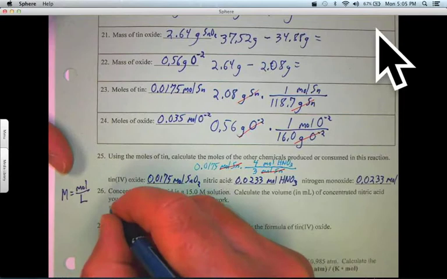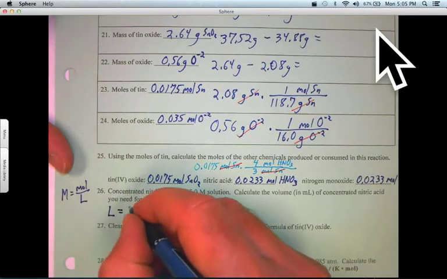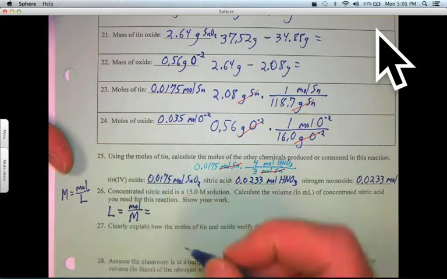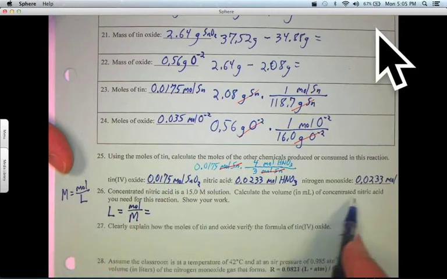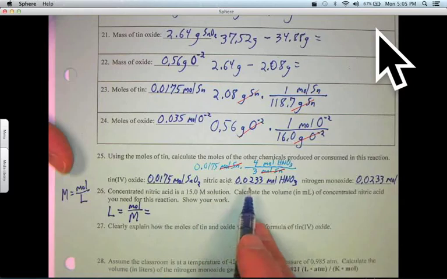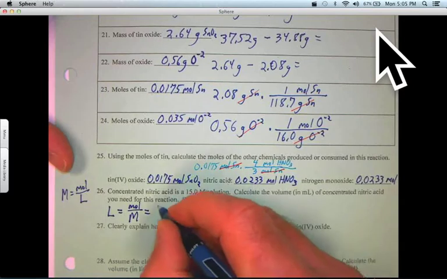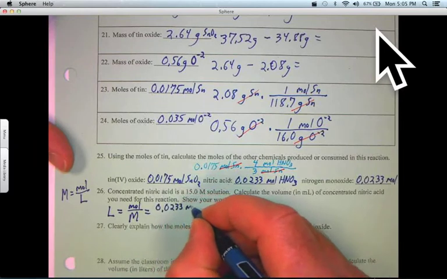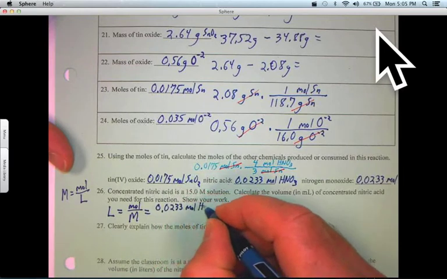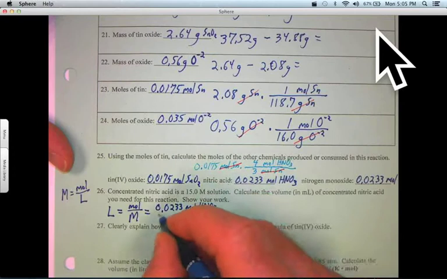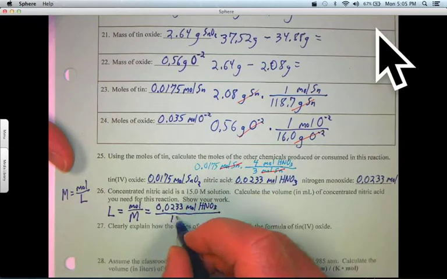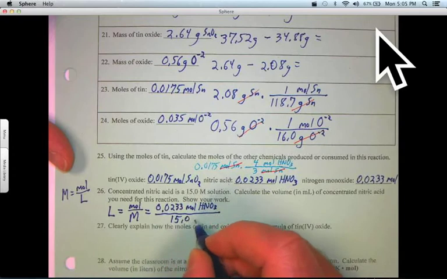Doing the algebra, liters equals moles over molarity. This is the nitric acid, so we want the moles of nitric acid, 0.0233 moles of HNO3 divided by the molarity of the nitric acid, 15.0 moles per liter.